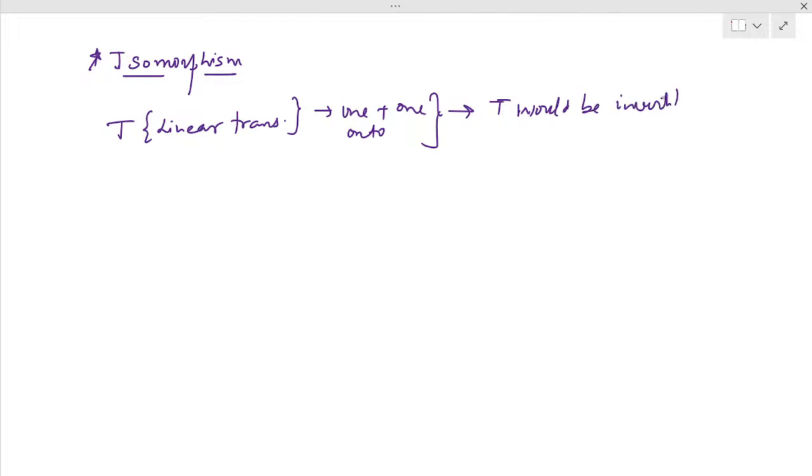And just now I have said that if T is related from one basis to another, and we can find the matrix of the transformation, and if somehow we can prove that the matrix of the linear transformation is invertible, then we'll be able to say that T is isomorphic, isn't it?